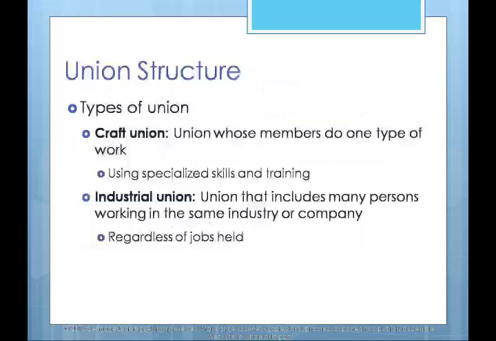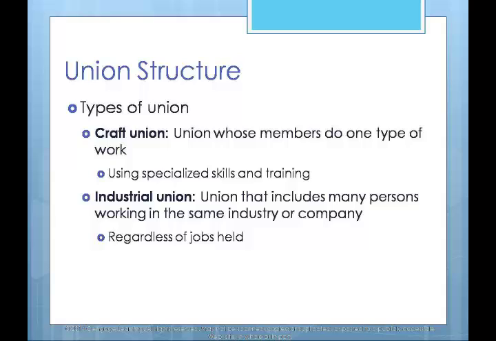All right, so types of union structure. You have craft workers unions, whose members do one skill type, like machinist, and industrial unions, which are unions that include many persons working in the same industry.